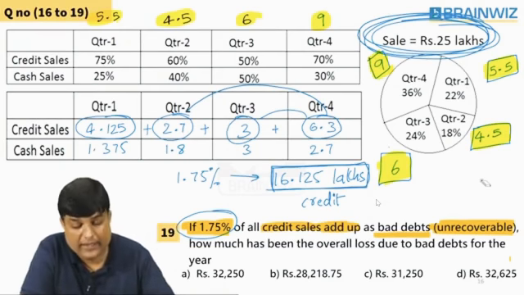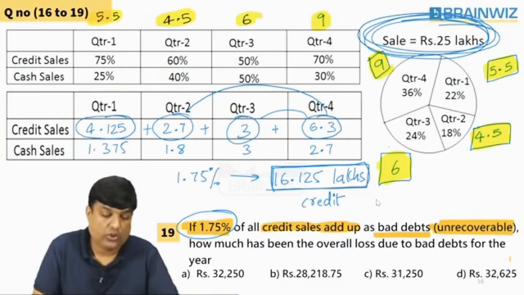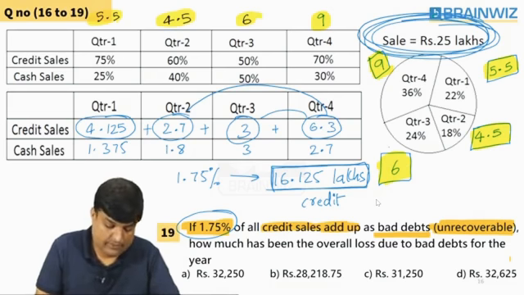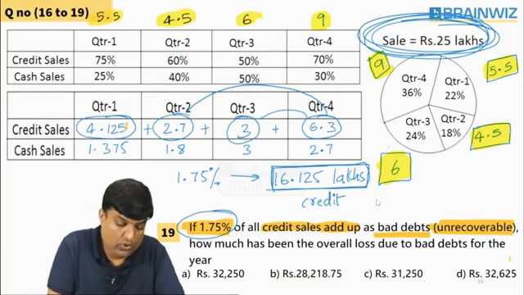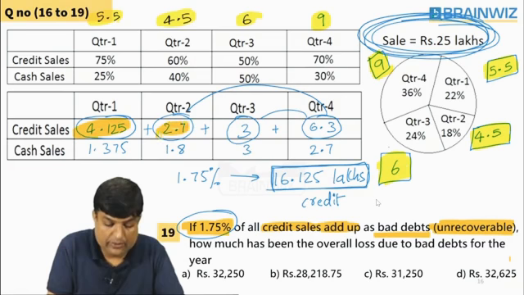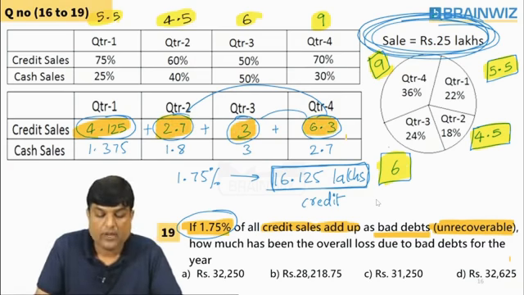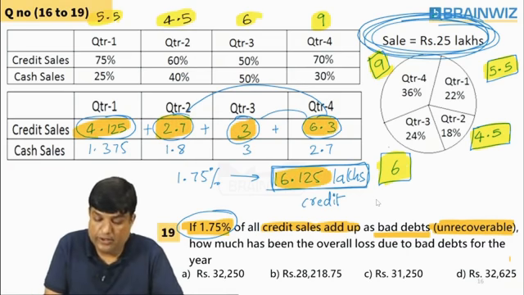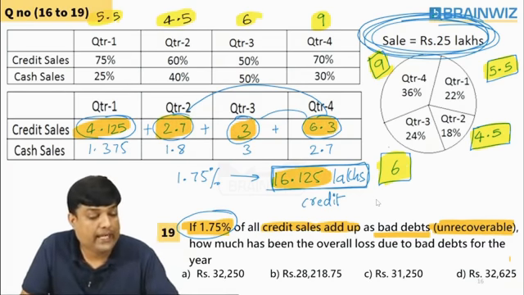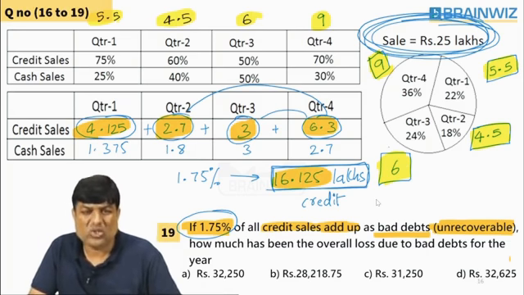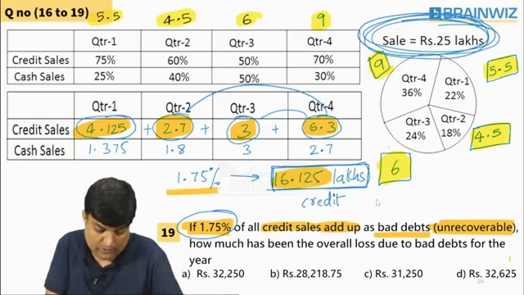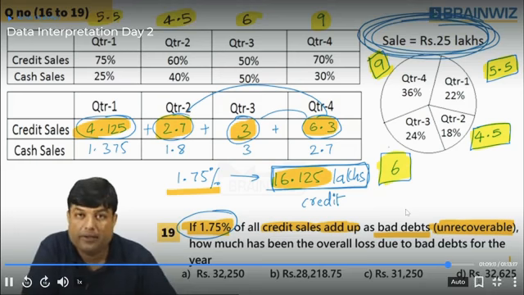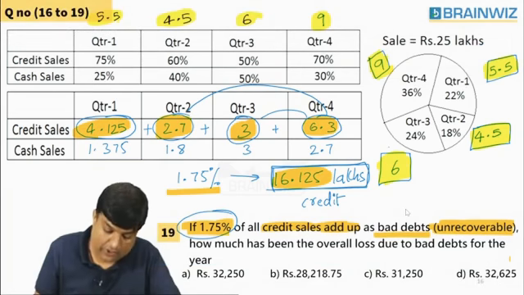Hopefully, guys, you can calculate this using a calculator. The total amount you have is 16.125 lakhs. Of that, a certain percent on credit is not recoverable, so we have to calculate on this, and the answer is 0.28 point something.